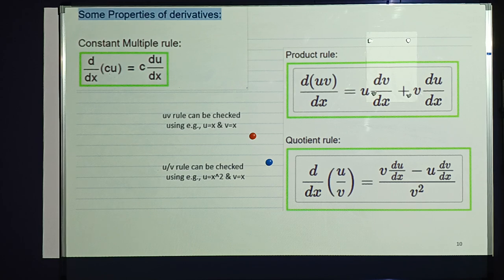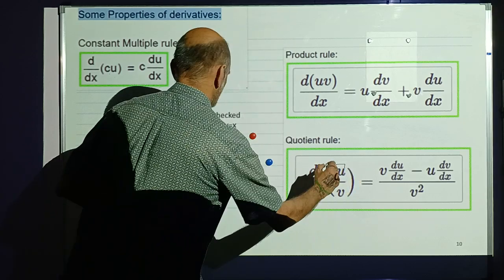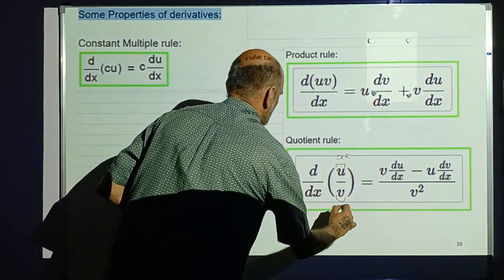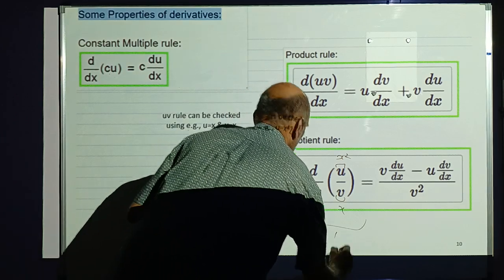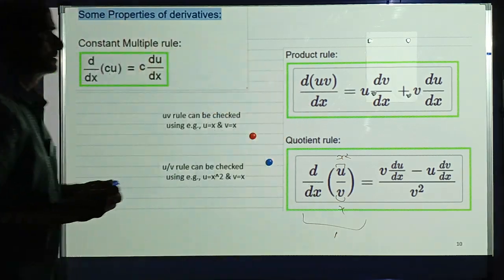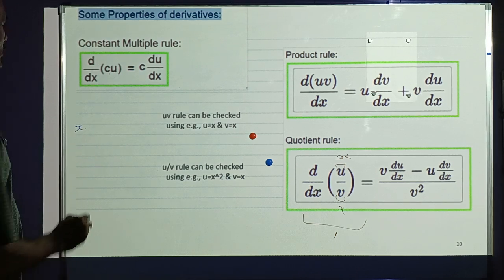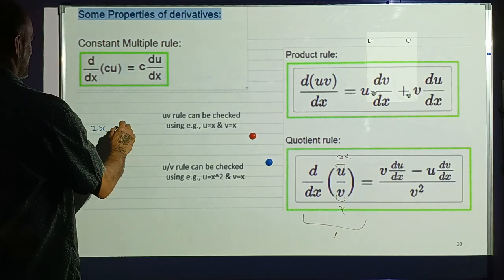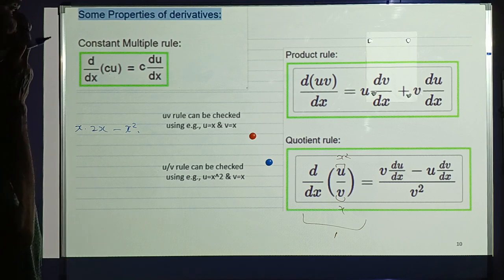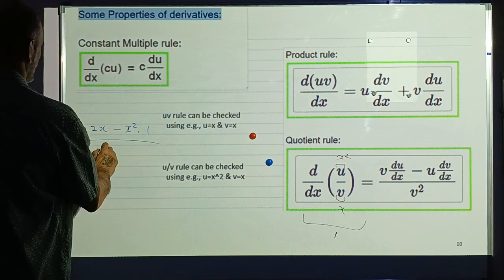This also can be checked for a simple example where we take u as x squared and v as x. The left hand side is the derivative of x, which is 1, so the right hand side should also give me 1. That we can check. v is x, and the derivative of u is 2x, minus u, which is x squared, times the derivative of v, which is 1, divided by v squared, which is x squared.